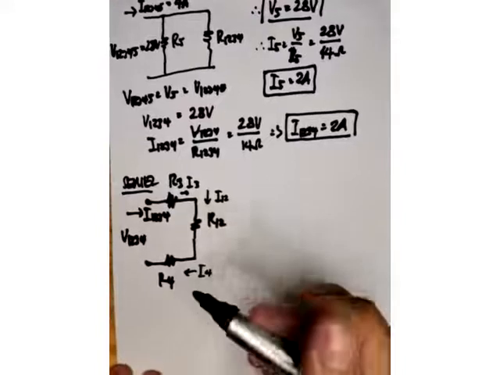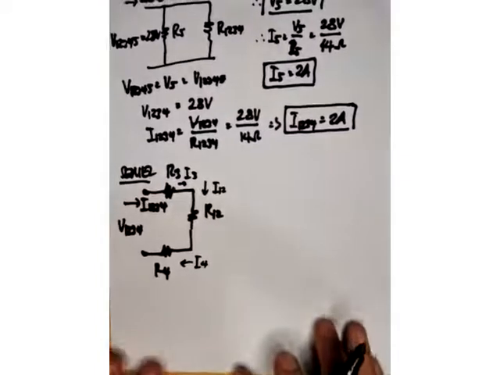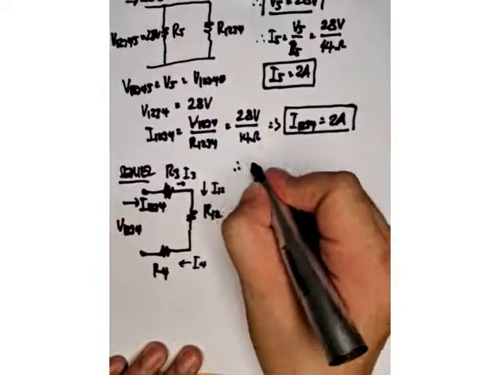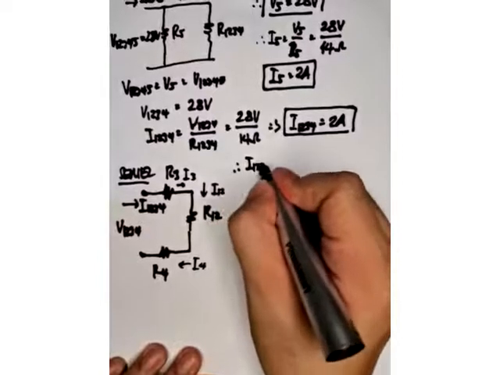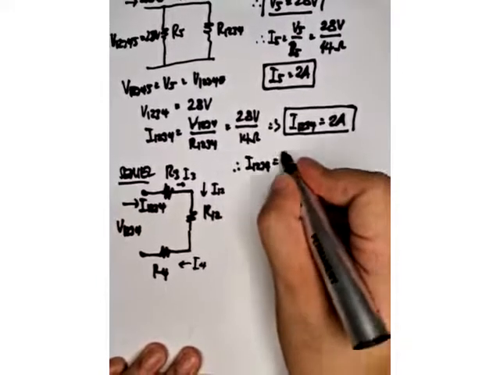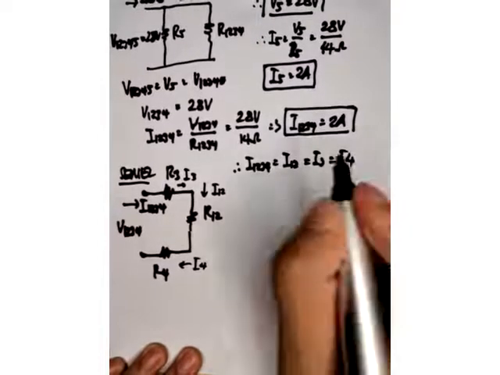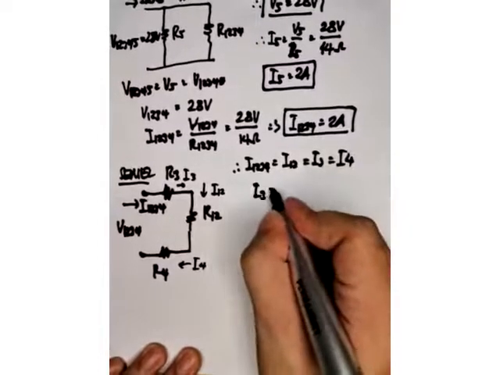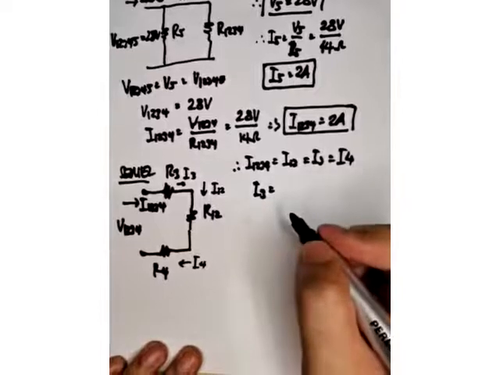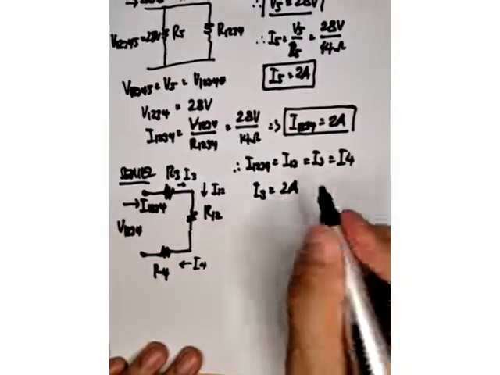Since series yan, pare-pareho yung current nila. So makuha na tayo. Therefore, I1,2,3,4 is equal to I1,2 is equal to I3 is equal to I4. So yung I3 natin ay equal siya sa 2 amperes.